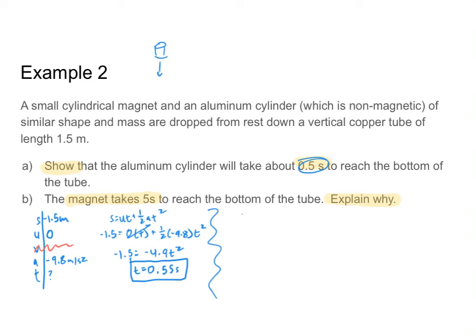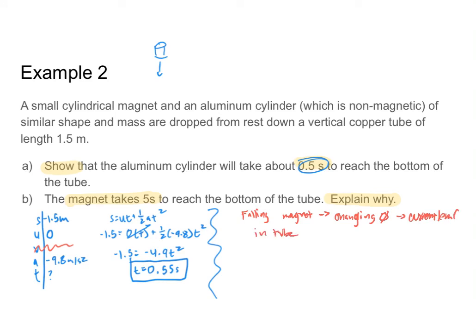So the falling magnet has a changing magnetic flux, which is going to generate current/EMF in the tube.